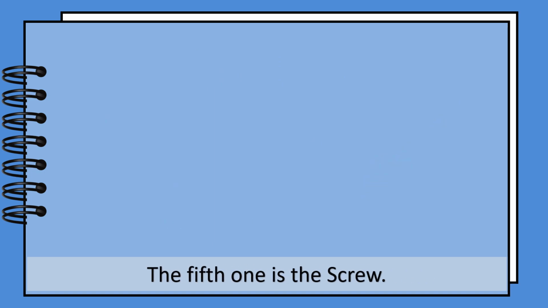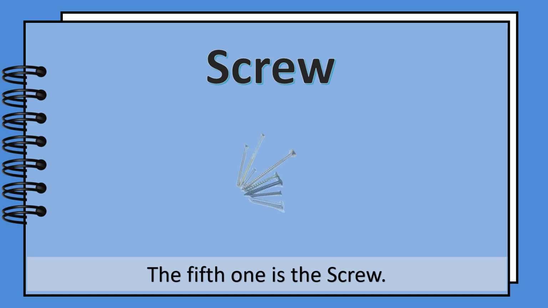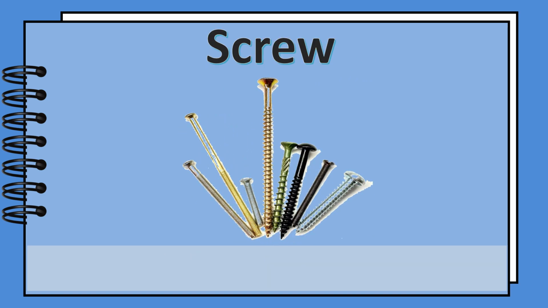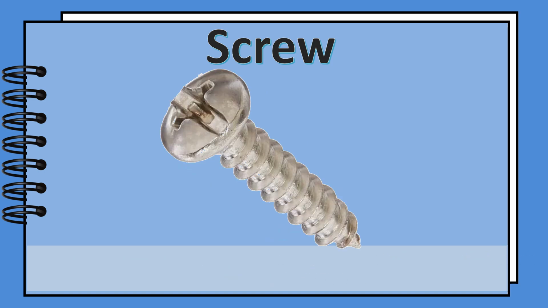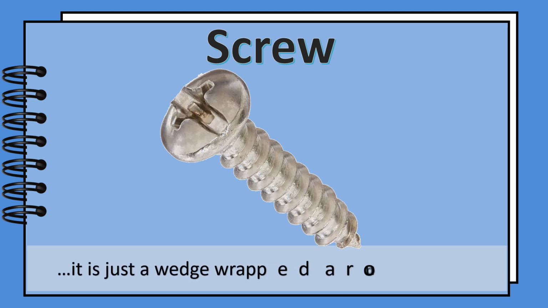The fifth one is the screw. The screw may look sophisticated compared to others, but if you look at it closely, it is just a wedge wrapped around a cylinder rod.